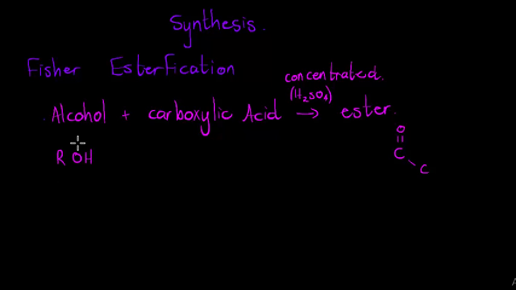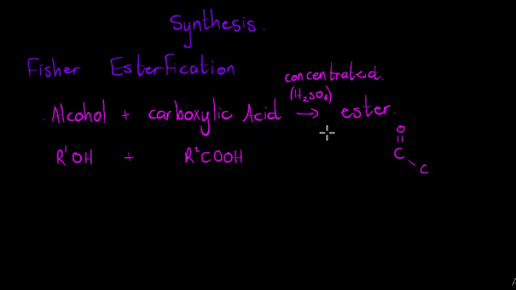And so here I've got my alkyl substituent, or an alcohol, which has more or less a structure like this one, and let's call this R1. And then we had our carboxylic acid, which is a carbon double bonded to an oxygen, single bonded to an OH. That's our carboxylic acid, and it also has a substituent. Let's call that one R2.